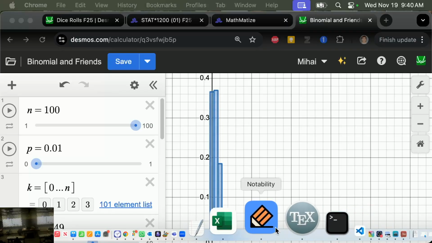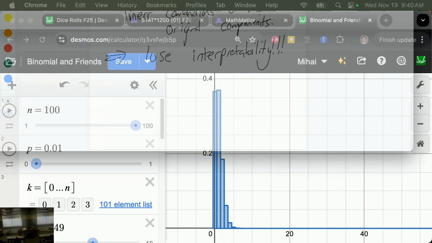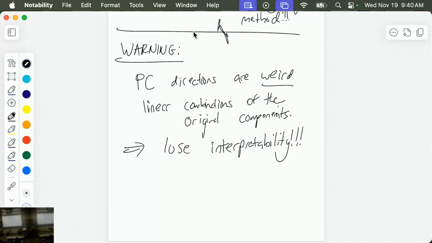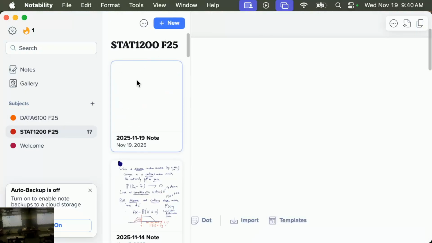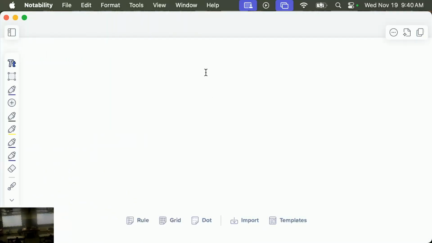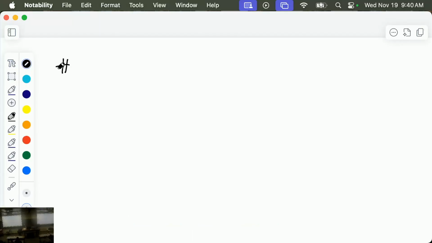Let me write some of this down so that we record some of these ideas. So we're comparing the number of 100s rolled in 100 trials.